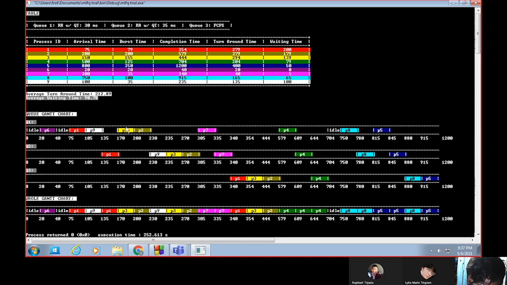Even though P3 arrived at time 150 in Q1, P3 is processed at time 170. It waited for process 1 before being processed.